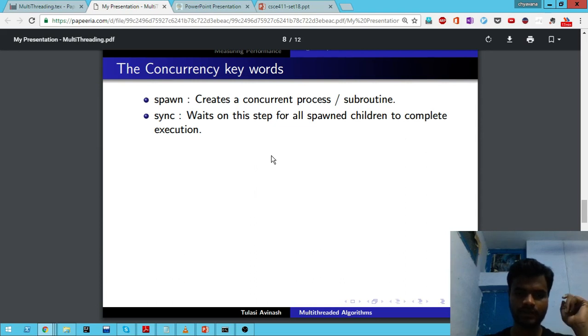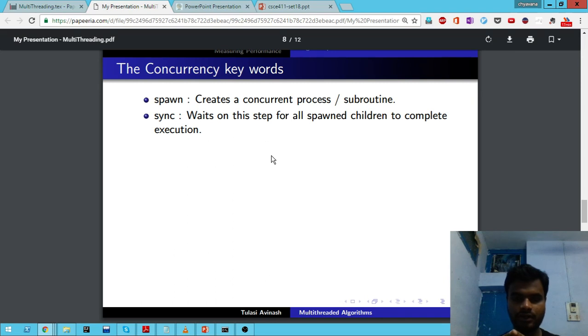So, as I told you theoretically, let us apply this in a general sense. To start a smaller problem, we say we are spawning a process.